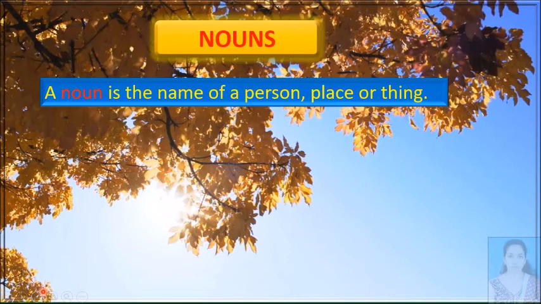For example of persons such as Ravi, Sachin, Sonia, etc. Places such as Mainpuri, Agra, New Delhi, etc. The word thing includes all objects that we can see, hear, taste, touch or smell, like apple, flower, etc. And something which we can only think of, but we cannot see, hear, taste or touch, such as honesty, time, etc. Now let's learn with some examples.